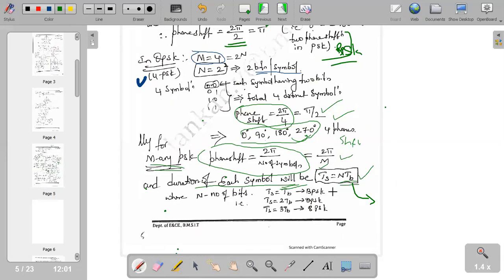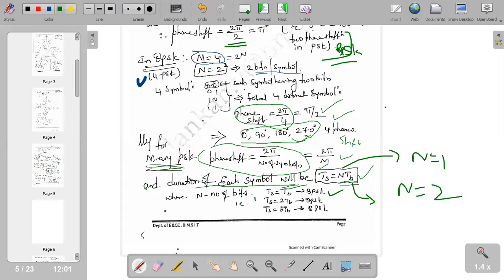So in case of BPSK, we know TS is the same as TB, because the number of bits used to transmit in BPSK case, that is the n value, is 1. And in case of QPSK system, the number of bits used to transmit is 2.